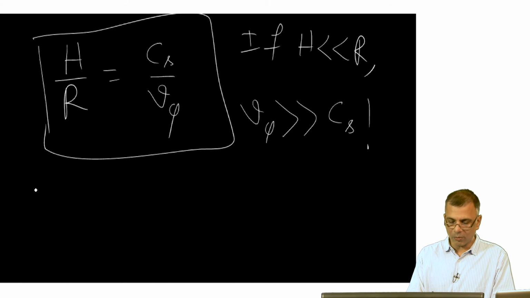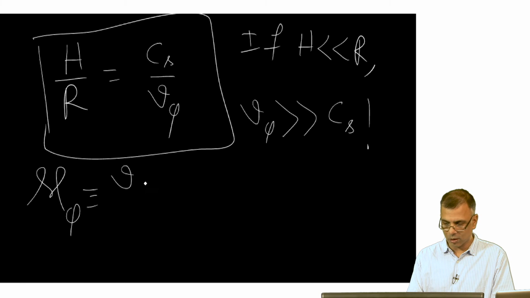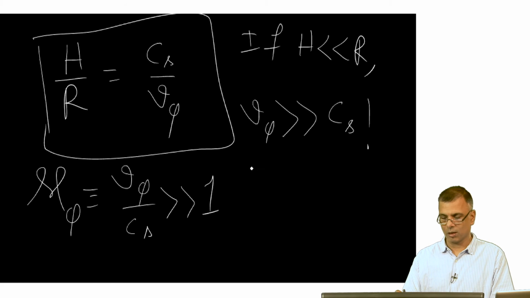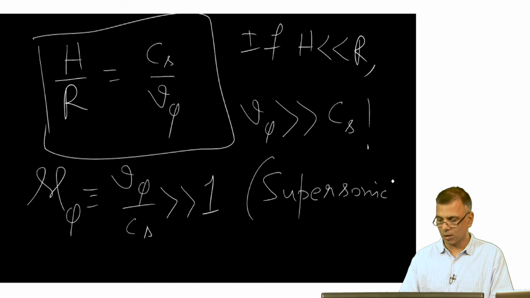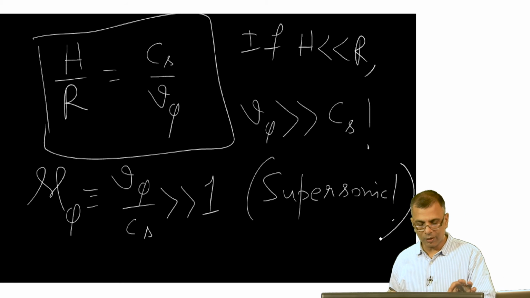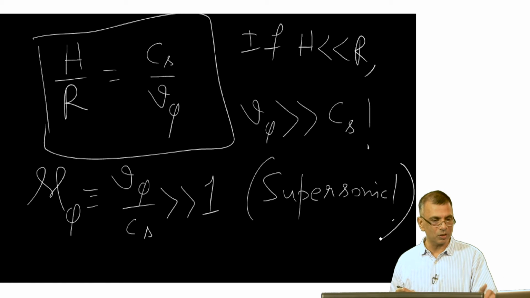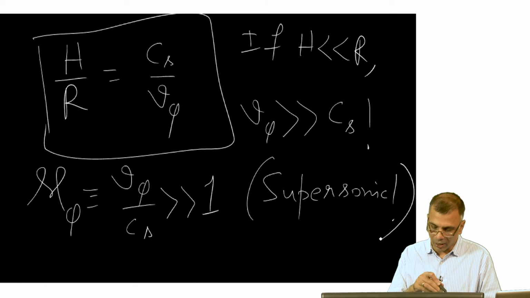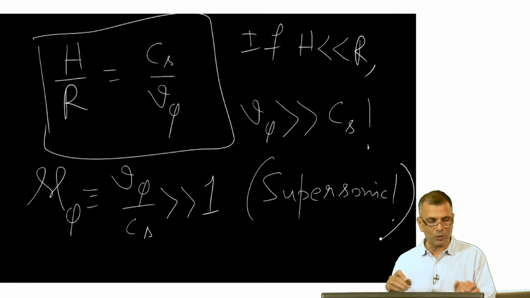In other words, the azimuthal Mach number, which is defined as V phi over Cs, is very supersonic, right? So if you have a thin disk, it automatically assumes that the azimuthal Mach number is much larger than 1.